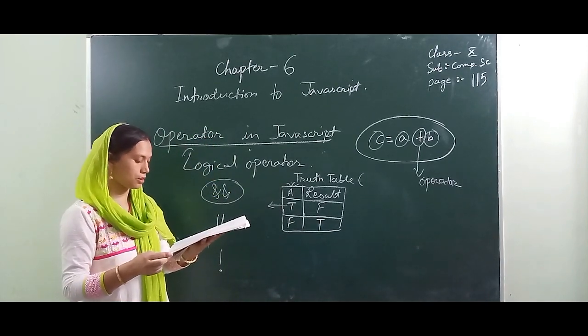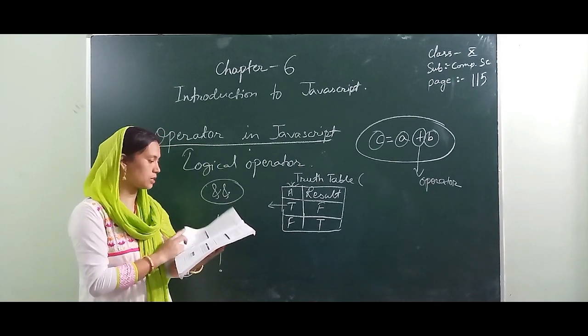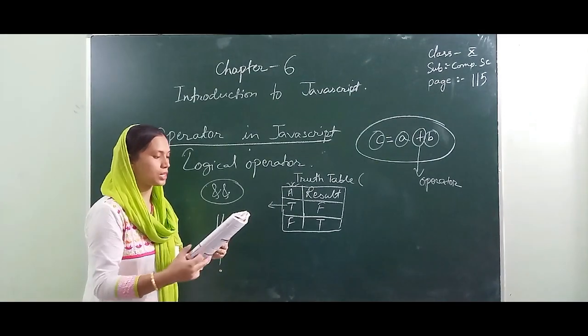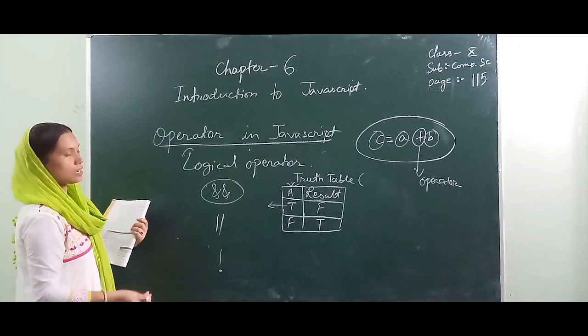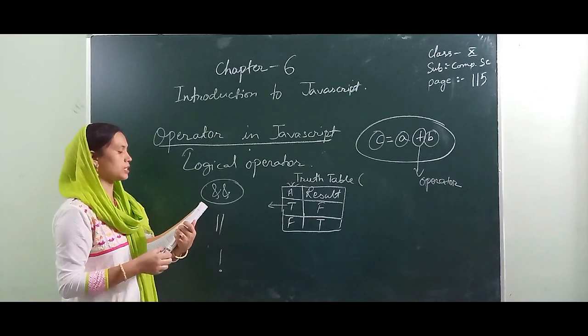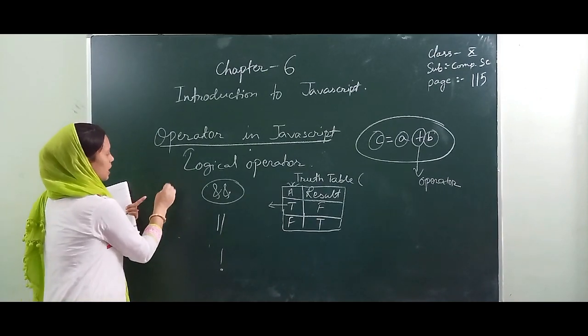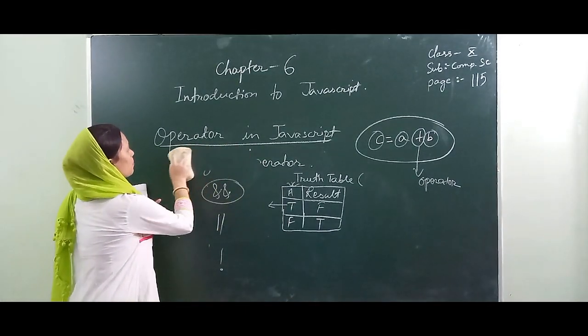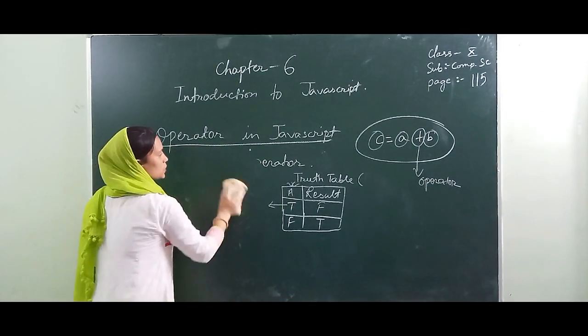Next we have compound assignment operator, page number 118. Compound assignment operator means we are going to use two operators together, that is, assignment operator and arithmetic operator together.